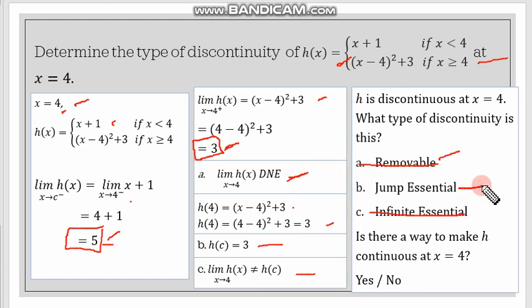Therefore, the answer is jump essential. So, a jump essential discontinuity is when the limit does not exist, but the limit on the left side has an existing value, and also the limit on the right side has an existing value, but they are not equal, so the limit is DNE. So this is a jump essential discontinuity.